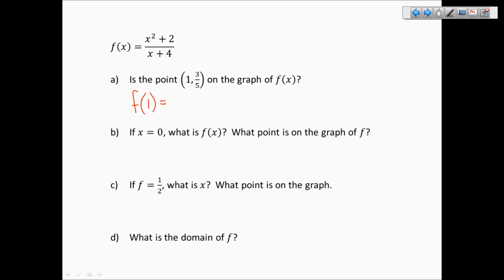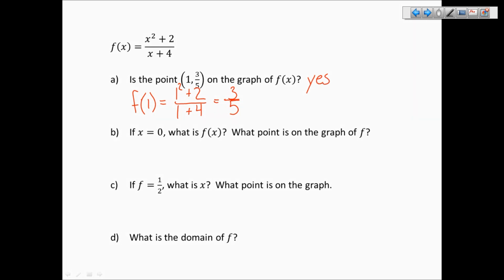So I'll go ahead and plug 1 everywhere into my function. And sure enough, 1 squared plus 2 is 3. 1 plus 4 is 5. So the point 1, 3/5 is on the graph of f of x.